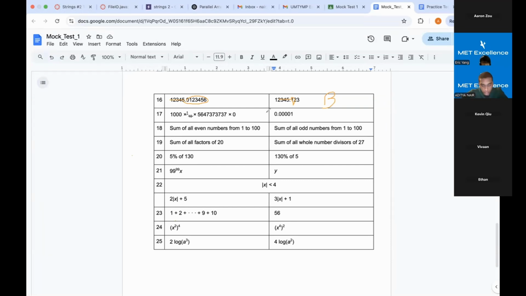Okay. Moving on to number 18. This one you'll need to know some arithmetic computation abilities and finding the pattern. What we can do here is that the sum of all even numbers is going to be 2, 4, 6, 8, etc., until 100.